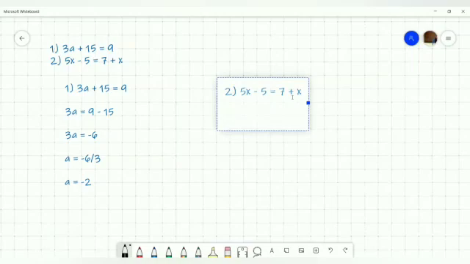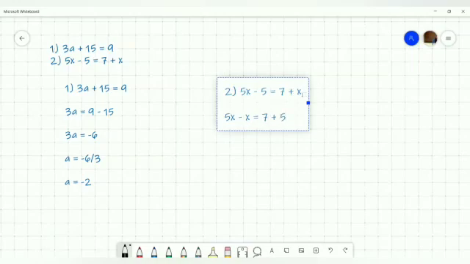So first we will write 5x minus x is equal to 7 plus 5. What I have done?